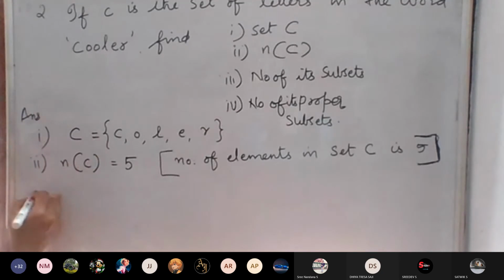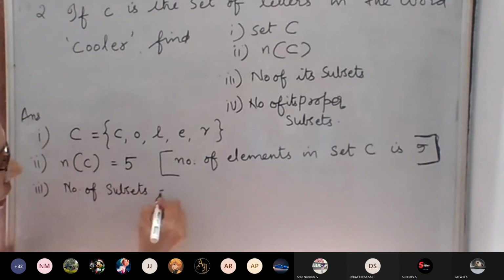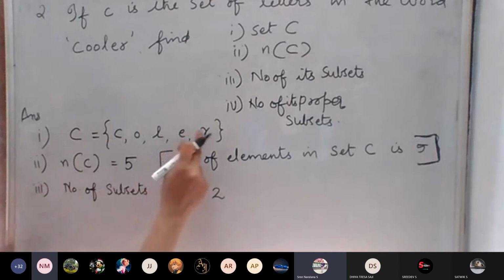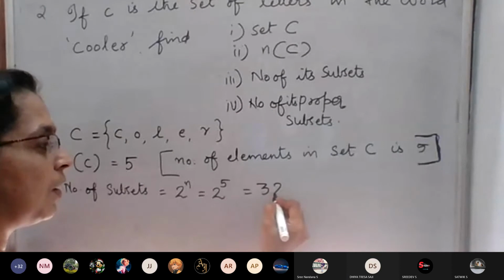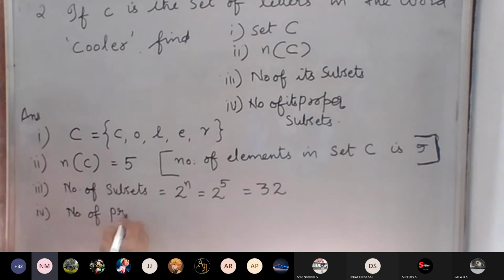Next, number of subsets: formula 2 raised to n. 2 raised to 5 is 32. No need of writing more, only the number they ask.